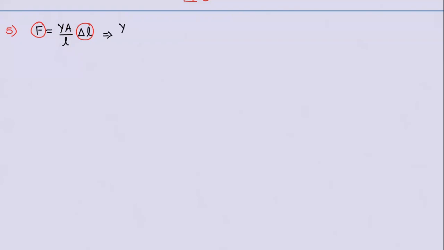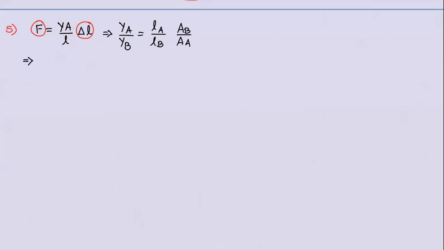Young's modulus YA by YB is equal to LA by LB into area B by area A. Because the proportionality formula is Y is proportional to L by A, as the others are constants.